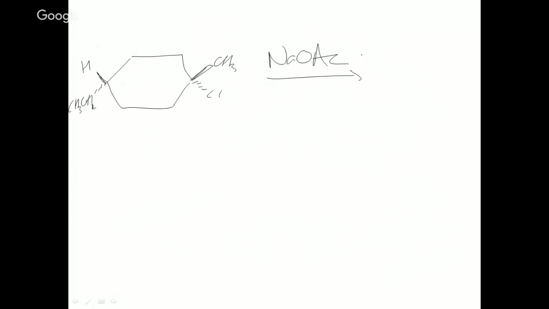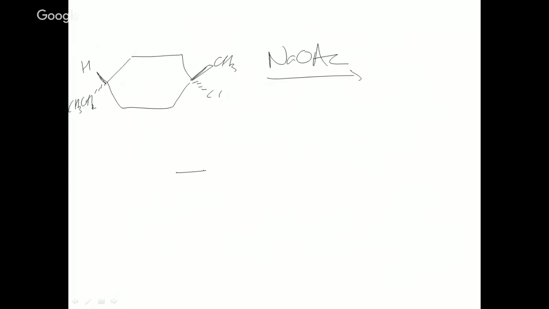Now let's look at one on a ring. That's an ethyl group there. This stereocenter is not going to change. We're going to use sodium acetate. Remember, it's got an ester.